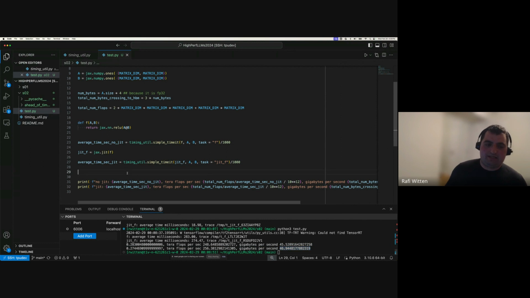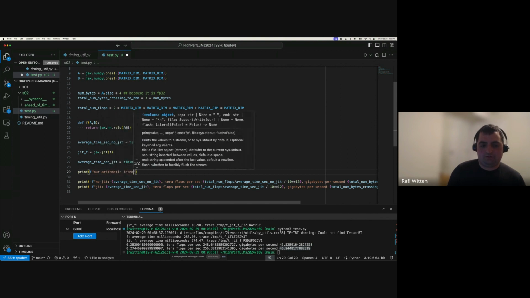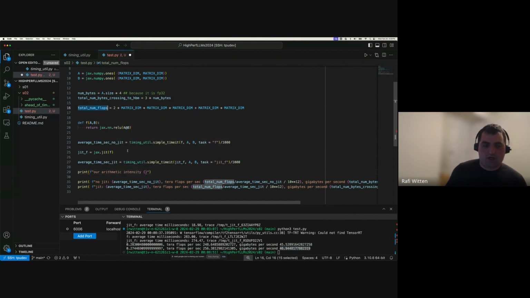So our arithmetic intensity, which I'll print as well, is num flops over total bytes crossing to HBM.